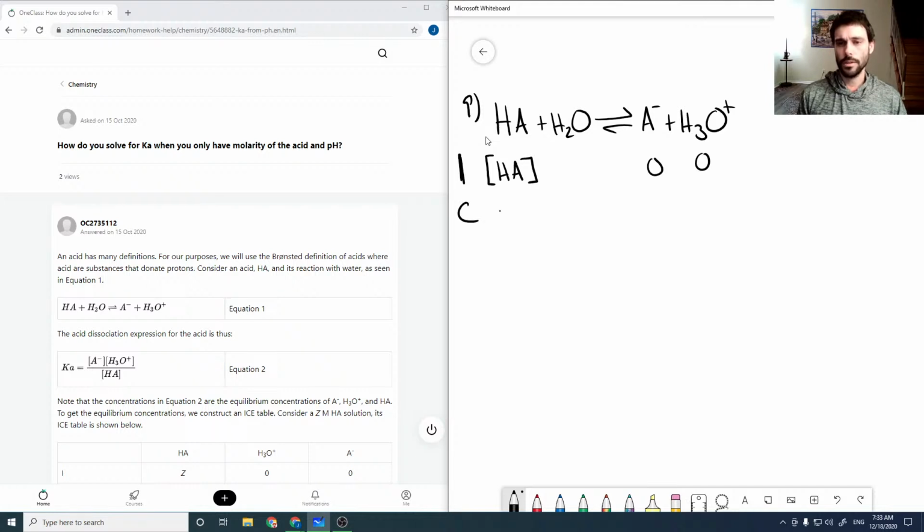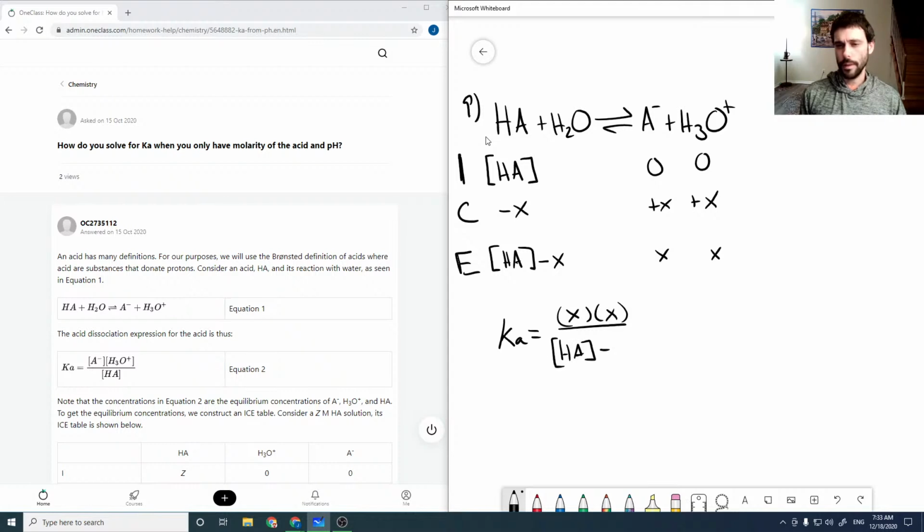Our change is going to be minus X, and our equilibrium value is then our concentration of HA minus X, X, and X. And so our Ka can always be found by X times X over our concentration of HA minus X.